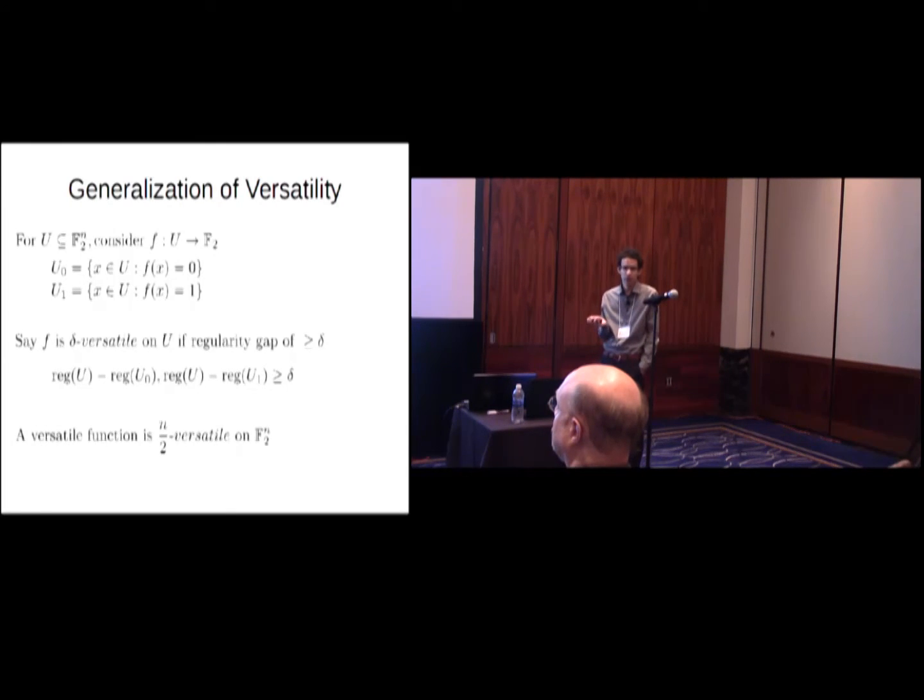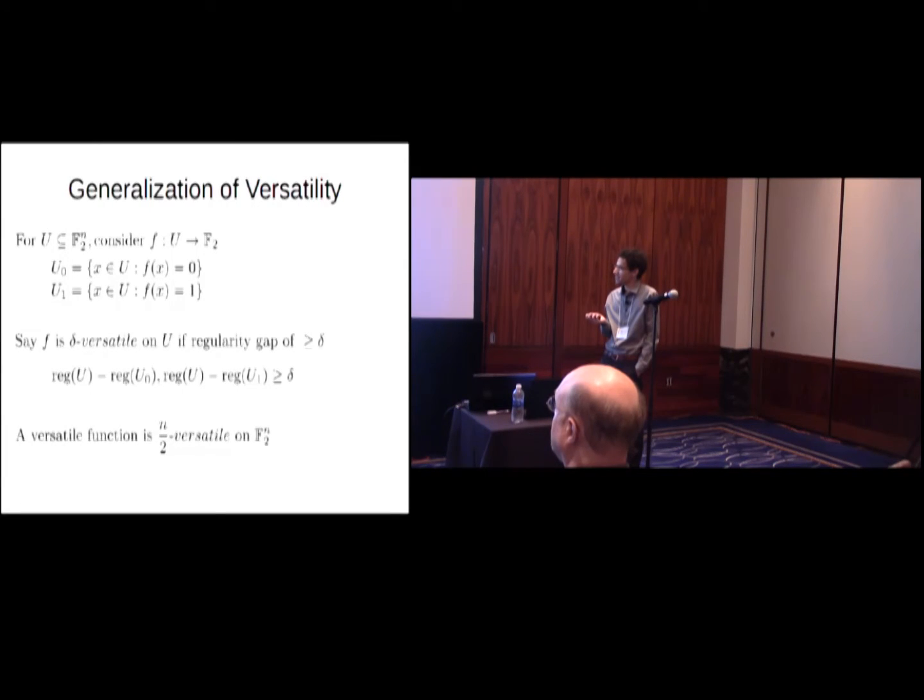Or to put it another way, viewing regularity as a complexity measure, F is a complicated function because U is very simple. It has high regularity, whereas U0 and U1 are very complicated because they have very low regularity. And so the idea is that F must be very complicated because it splits a very simple set into two very complicated ones.